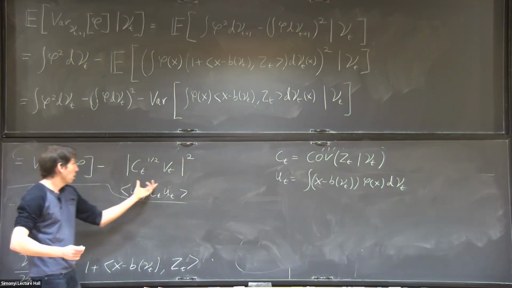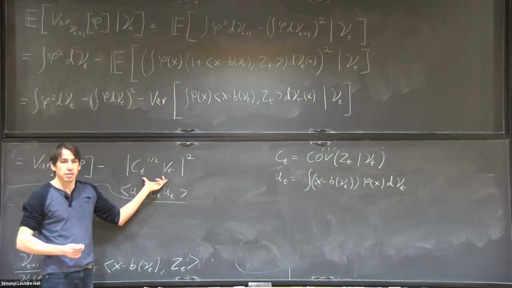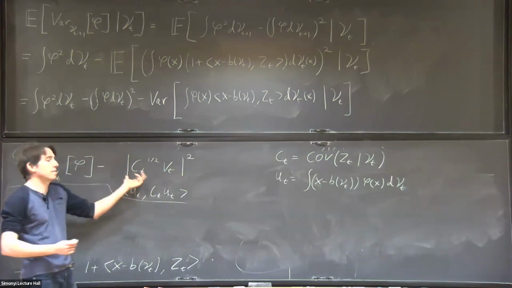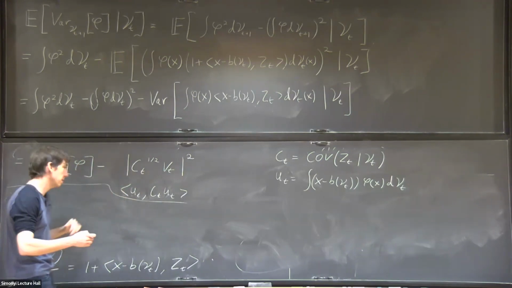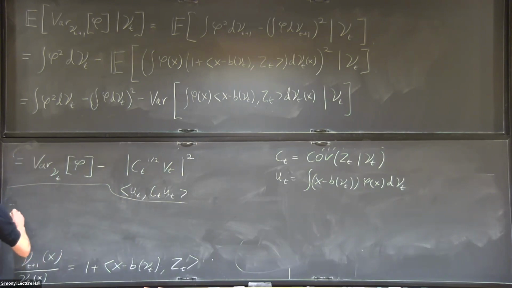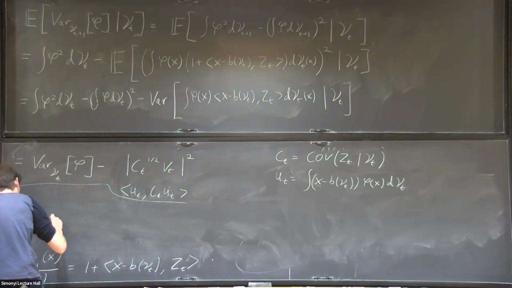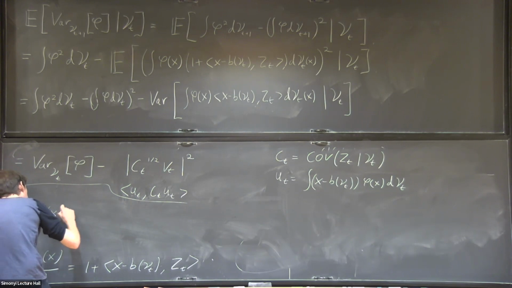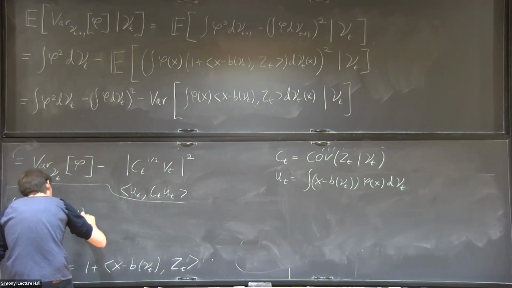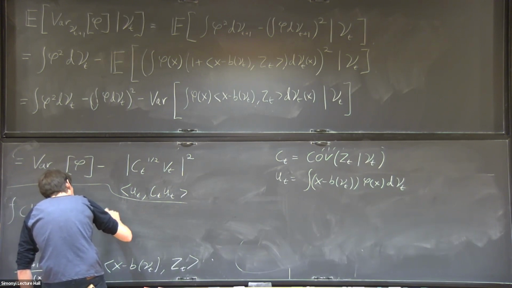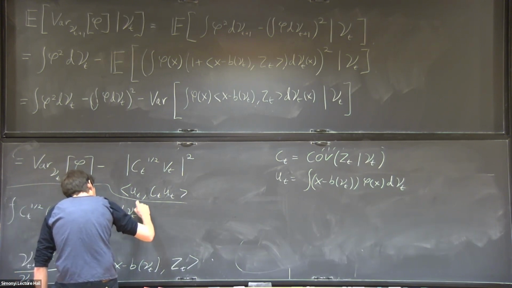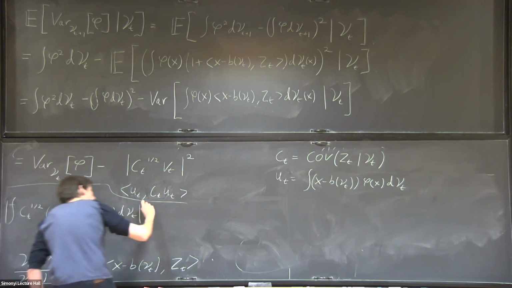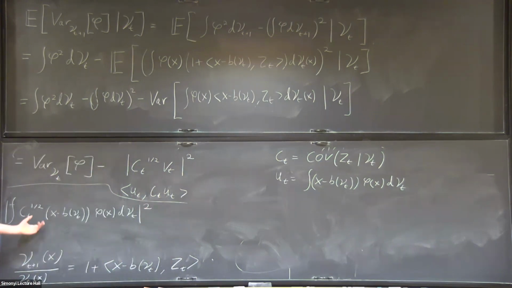And well, I want to upper bound this thing, right? I want to say the variance does not decrease too much. Let's upper bound it. So what is this? This is the integral of ct to the 1/2, and now I have x minus b mu t, phi of x, d nu t, norm squared. This is exactly this by definition.